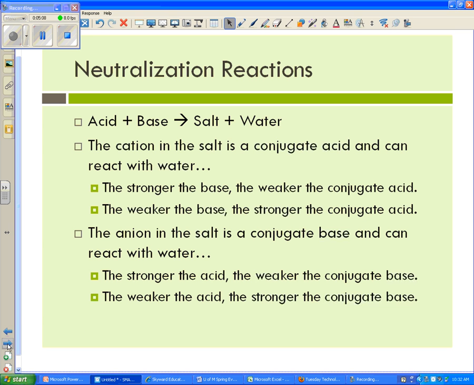Like I said, we're primarily going to focus on problem solving during the second portion of the acids and bases unit. And so let's take a look at a problem.